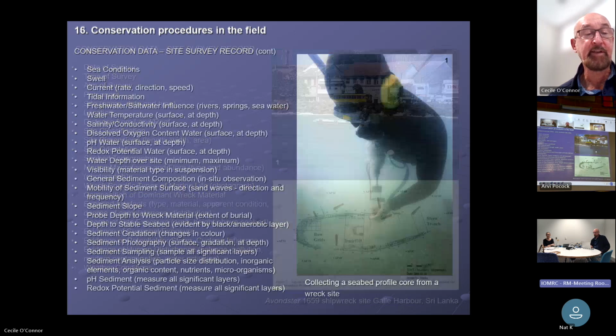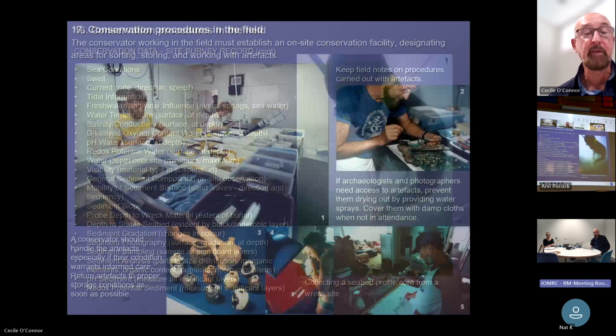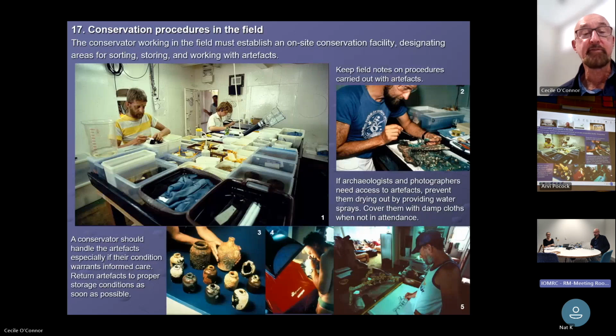And it doesn't end there, it keeps going. There's a lot of things. They're taking a core and so on. Also, we need to set up a conservation lab in the field. This happens to be on a ship, so we could create quite a useful area. Sometimes it's just on a beach and you've got your tent and you've got your place where you do your work.